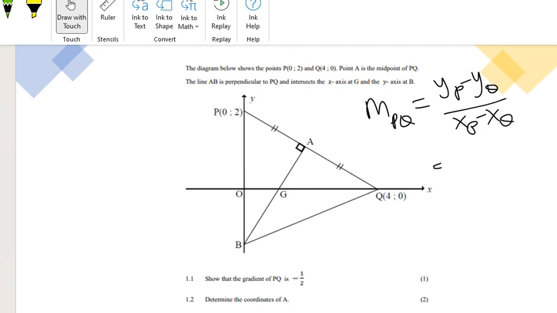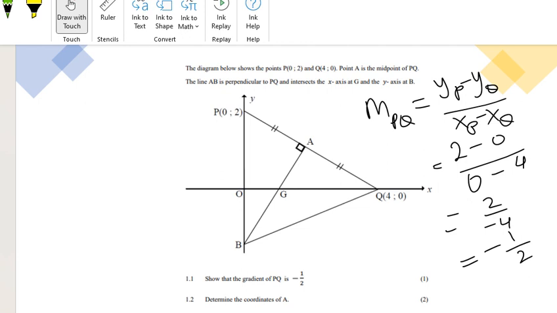So YP is 2 minus YQ is 0 over XP is 0 minus 4. So 2 minus 0, that's 2, 0 minus 4, that's -4, which is equal to -1/2. You can punch your calculator as well. So we are done showing that.